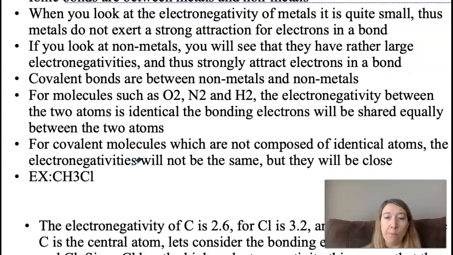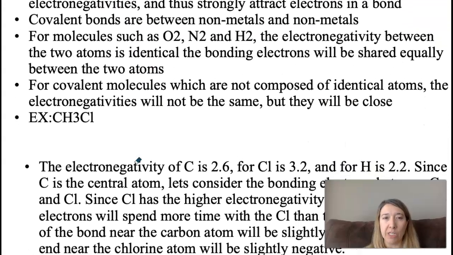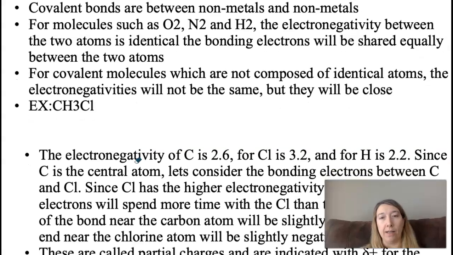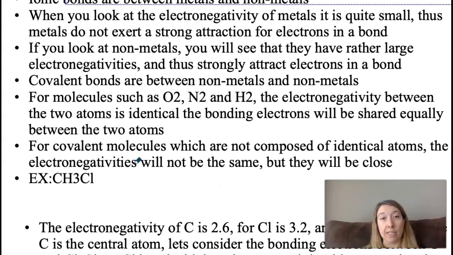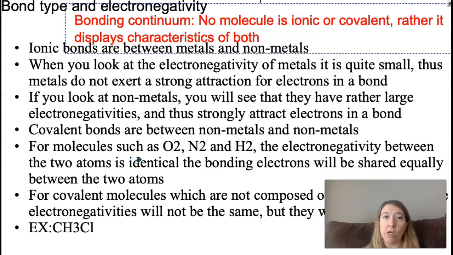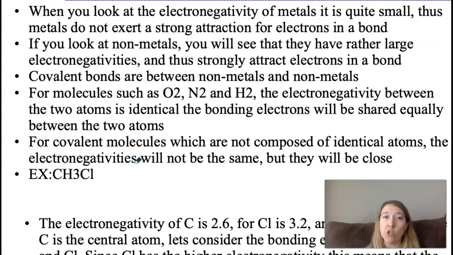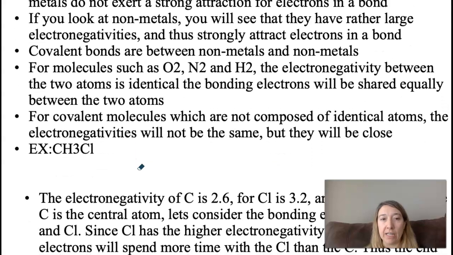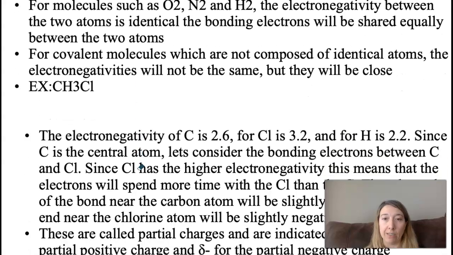So when we go back to this particular slide, what we find is that we kind of change our definition. So what we should really be looking at is that electronegativity difference.